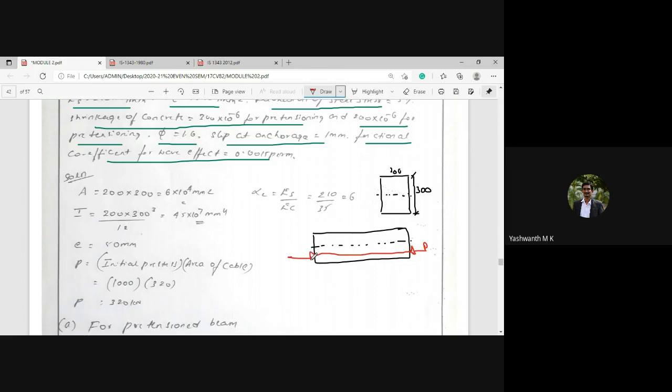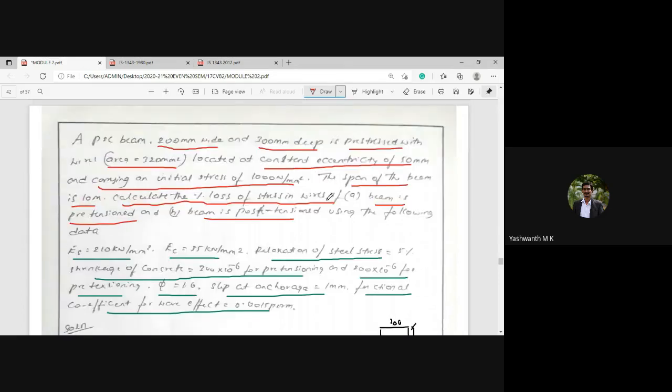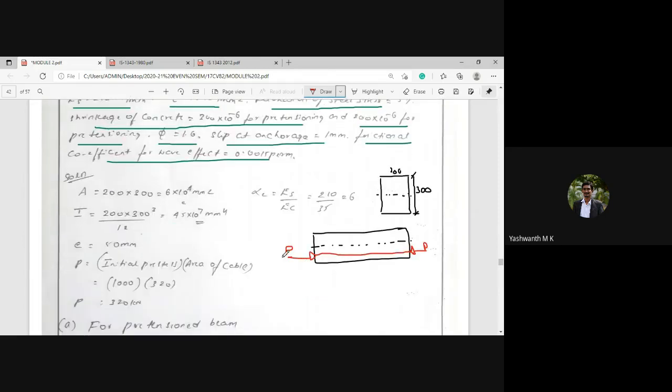So no change in the eccentricity, which indicates it is a straight cable. Instead of mentioning it is a straight cable, this is one more way they can mention constant eccentricity. That means throughout the length of this beam, the eccentricity will be 50 millimeter.